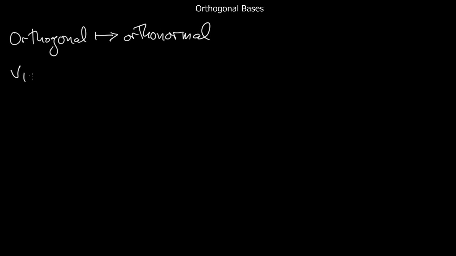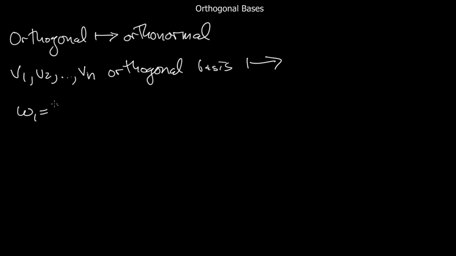So that's something you can do in general. If you have any orthogonal basis, you can convert it into an orthonormal basis very easily. So if you have an orthogonal basis given by n vectors v1 through vn, to get an orthonormal basis, you let W1 be V1 over the length of V1, and so on up to Vn.